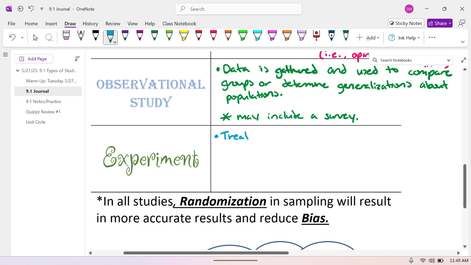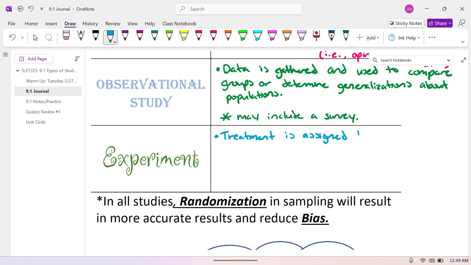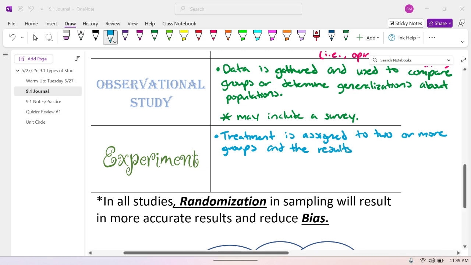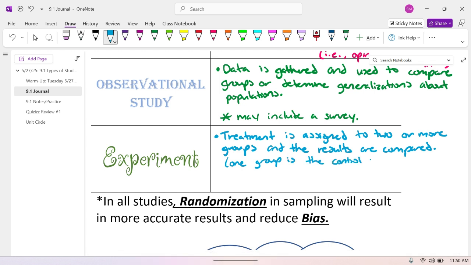It is treatment is assigned to two or more groups and the results are compared. One group is the control group.